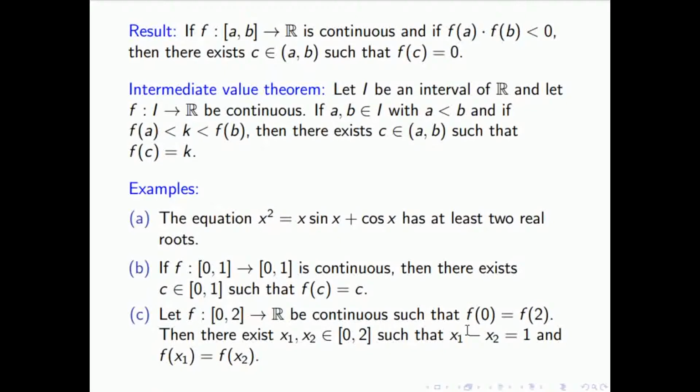So suppose I want to apply this. What we'll do, we'll define a new function. In order to prove the result, f of x1 minus f of x2 such that x1 minus x2 equal to 1, I am defining a new function g of x, and I will apply this intermediate value property on this new function g.